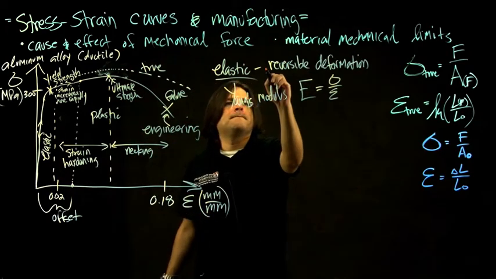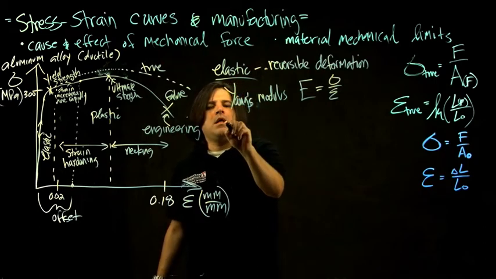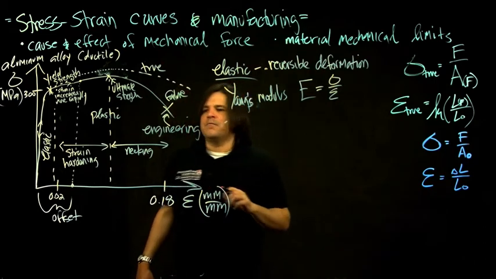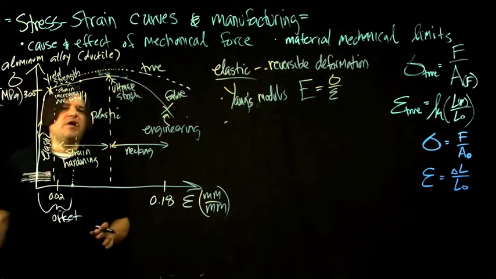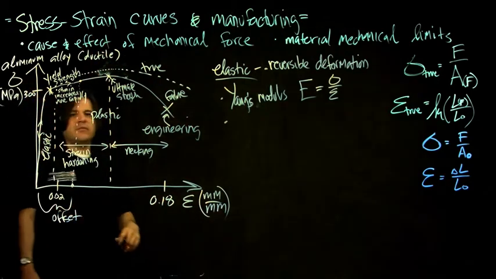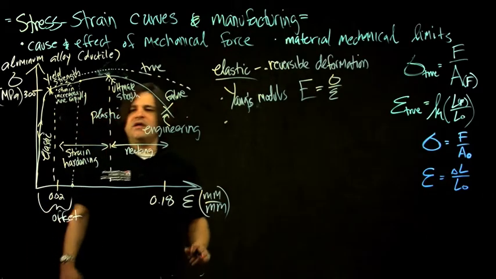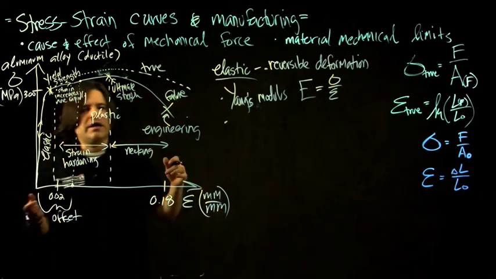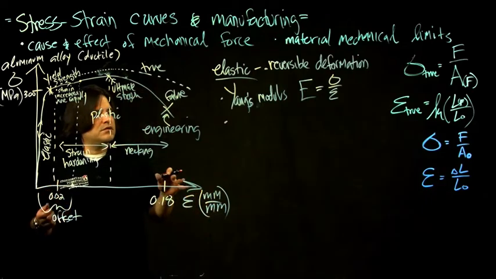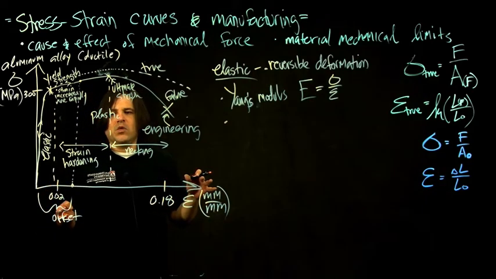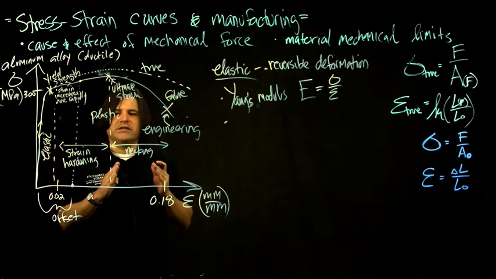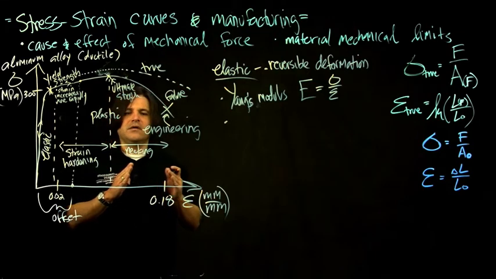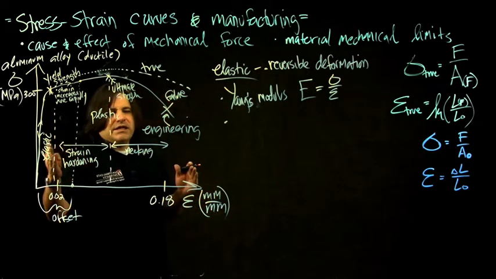So when we're looking at this material behavior, this mechanical cause and effect, you might want to stay away from some regions depending on your applications. For example, if we want to make sure our material does not deform and it can recover back to its original size that we intended it to be designed for, we need to stay in the elastic region.